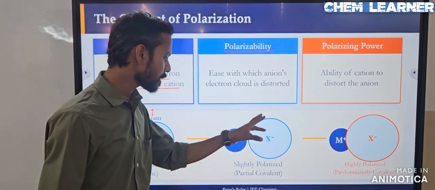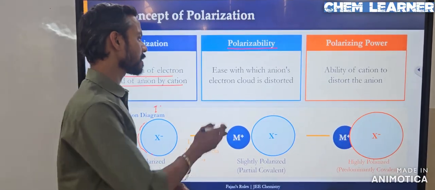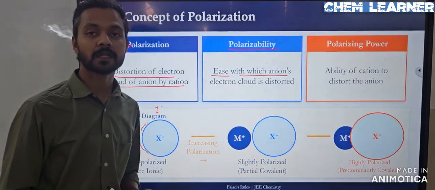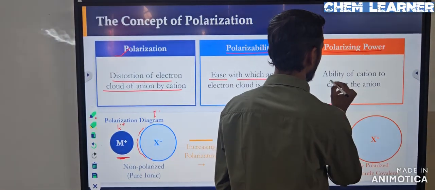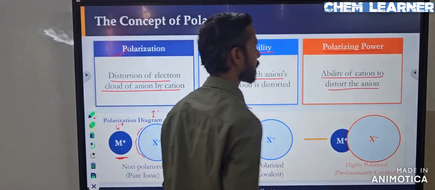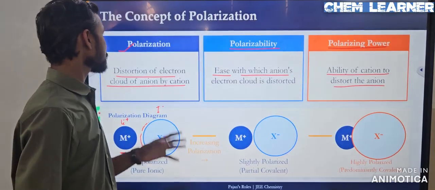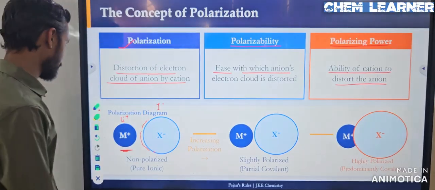If the size of the anion is bigger, then we can distort its electron cloud with the help of a cation. The polarizing power represents the ability of the cation to distort the electron cloud of the anion. So this is the whole concept of polarization. Now moving to the next slide.